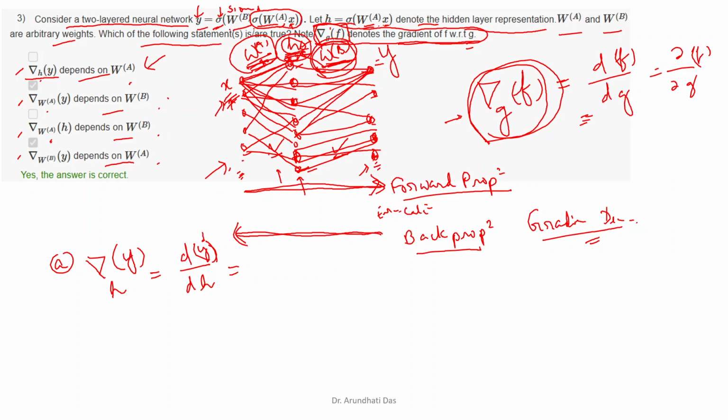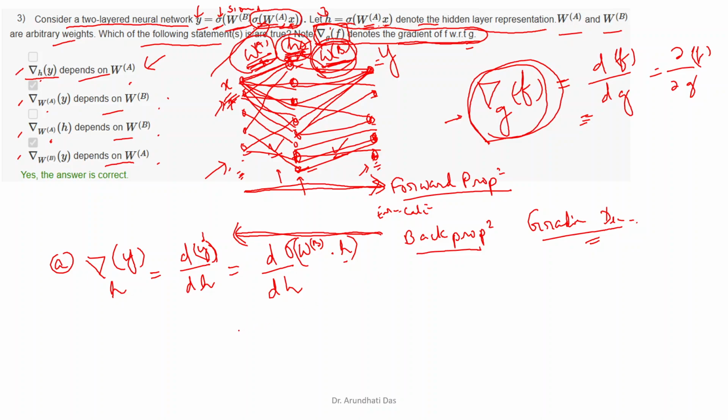In the denominator it has h, and in the numerator we apply some sigma function on wb multiplied by h, where wa multiplied by x is nothing but h.